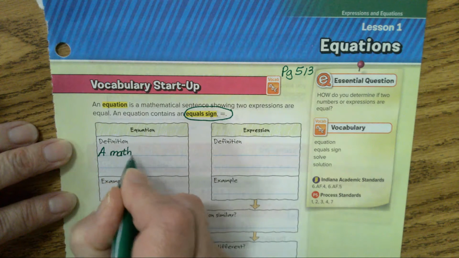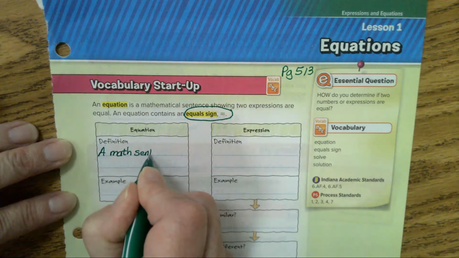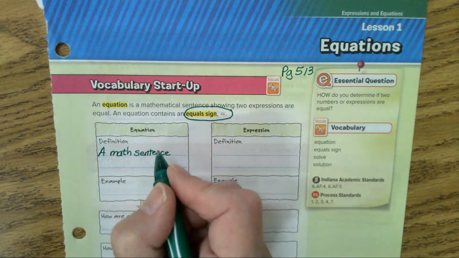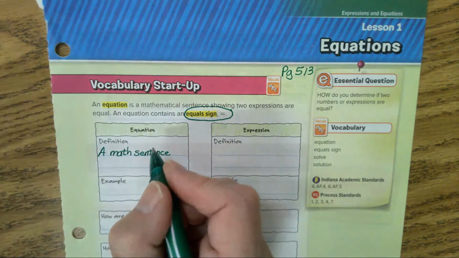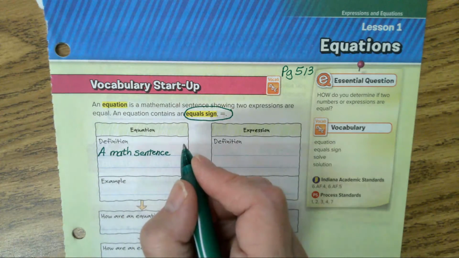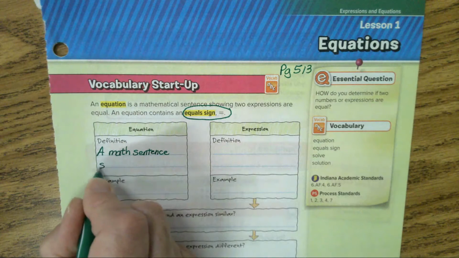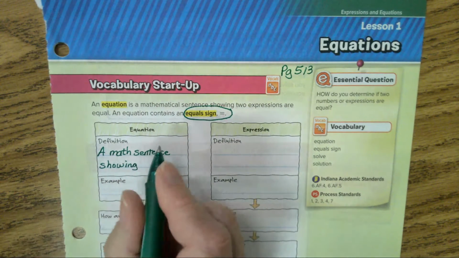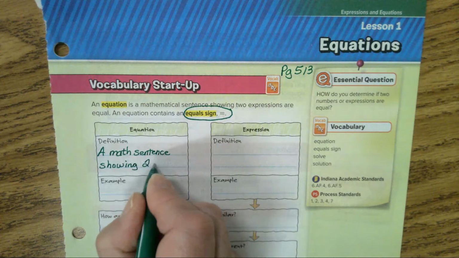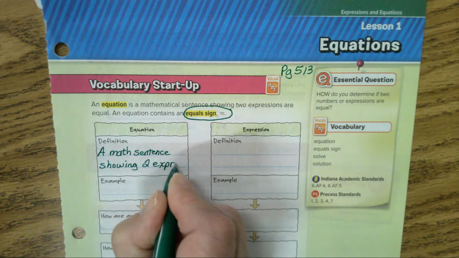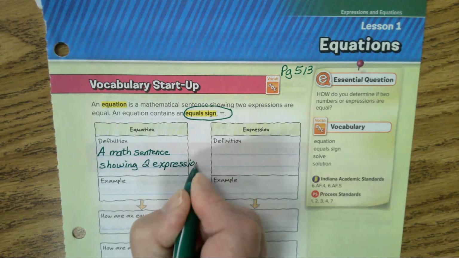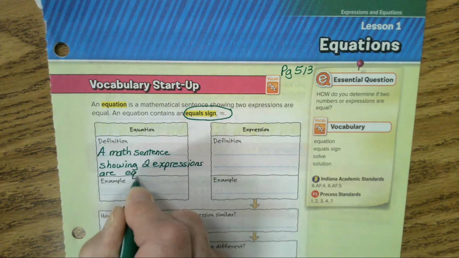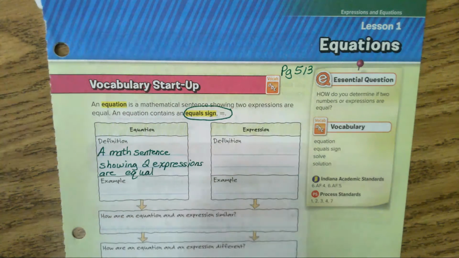A math sentence showing two expressions are equal. Okay, write that down.